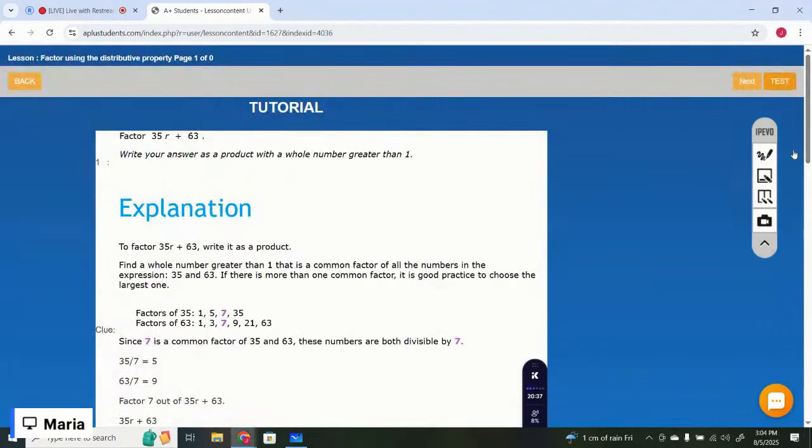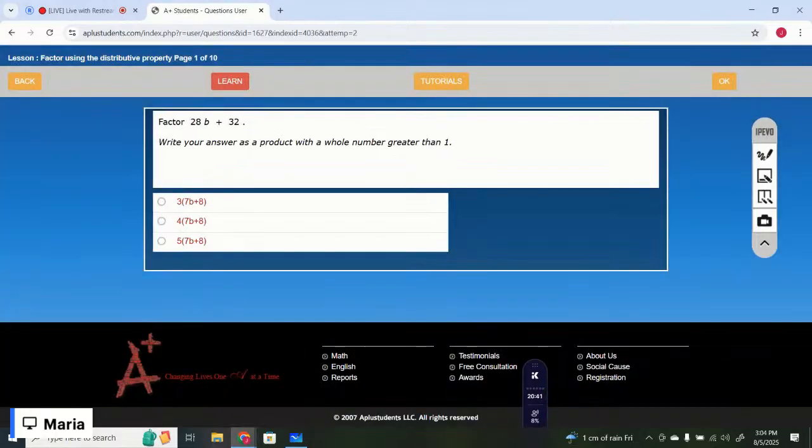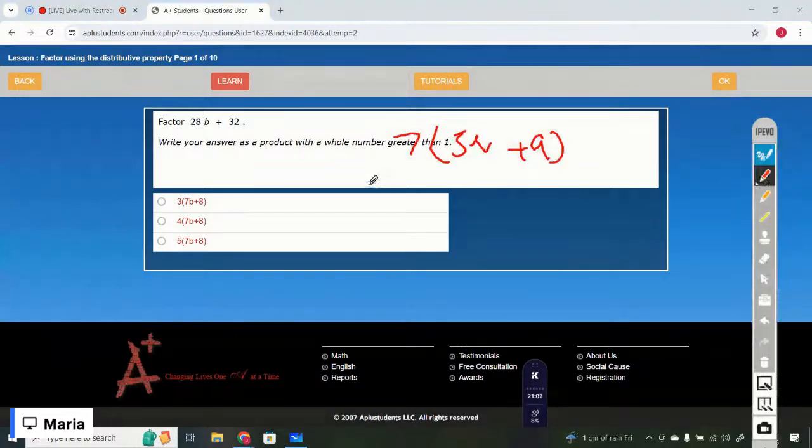Okay, let's just start with the test questions. Factor 28b plus 32. So 7 is the common factor.